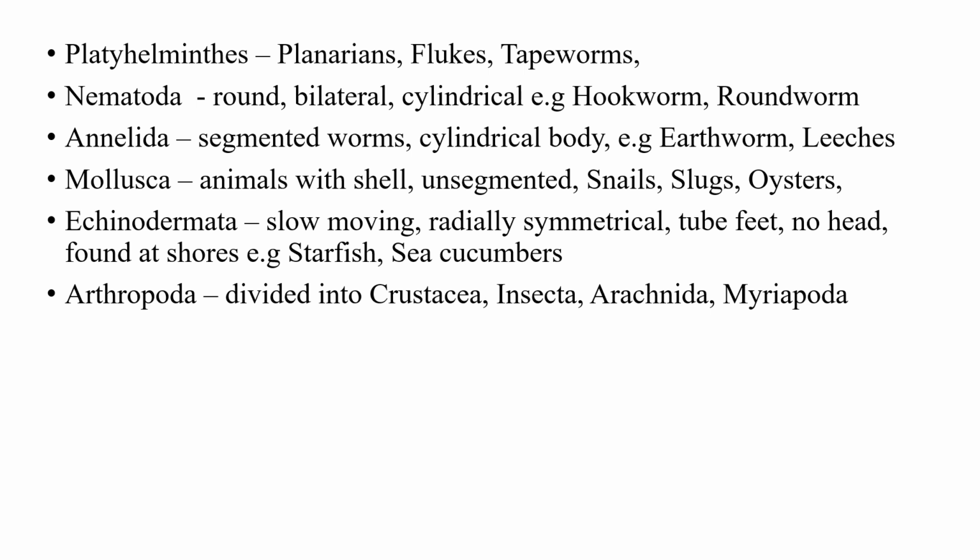Then you have the Arthropoda. Arthropoda are divided into Crustacea, Insecta, Arachnida and Myriapoda. I gave you examples of Crustacea, like your prawn, like your crayfish. Insecta, example, your insects around.